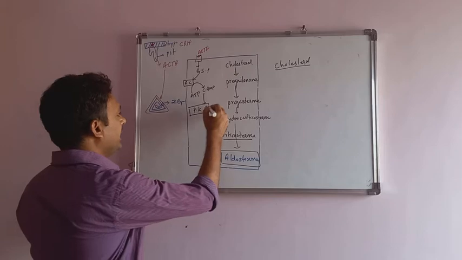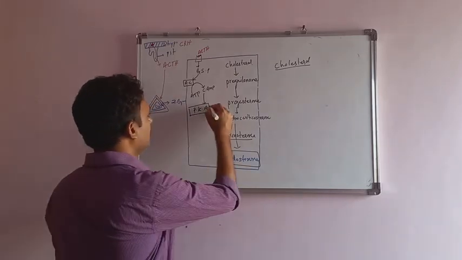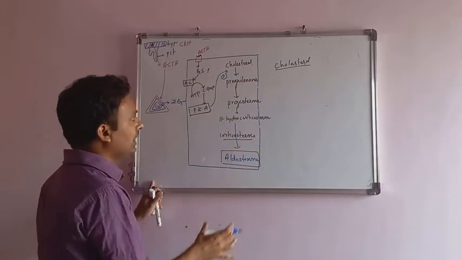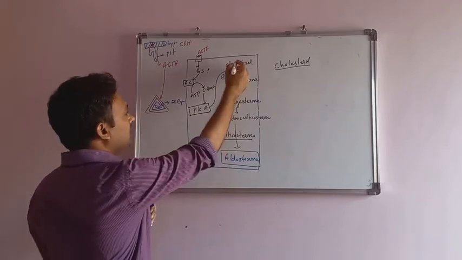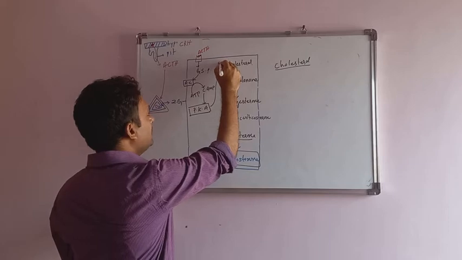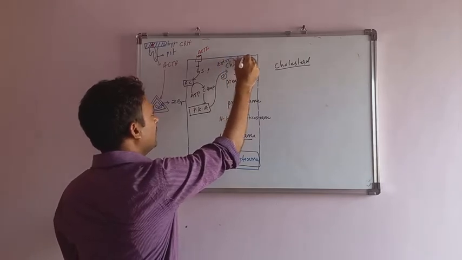This protein kinase A will stimulate all these steps, including the conversion of cholesterol to pregnenolone. Before this step, the cholesterol is in the ester form, and this ester form will become a free cholesterol form.